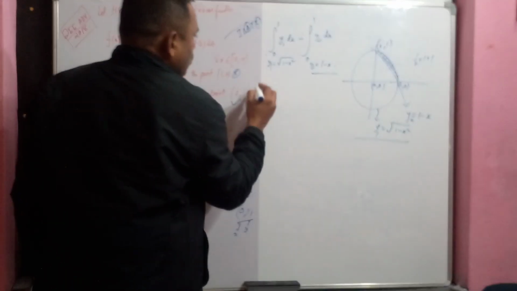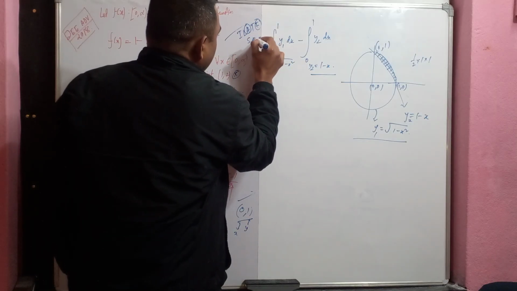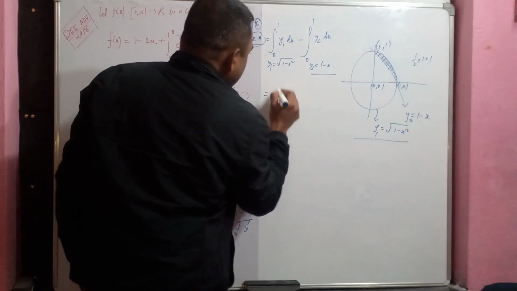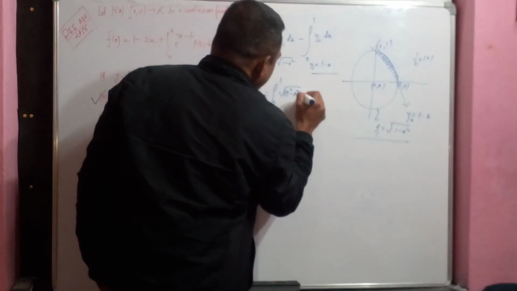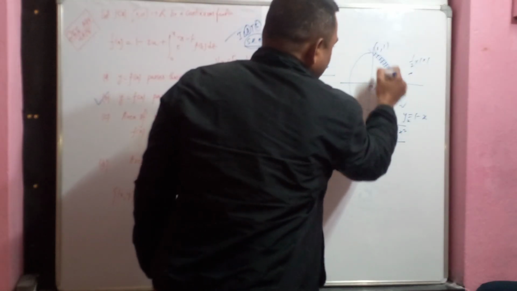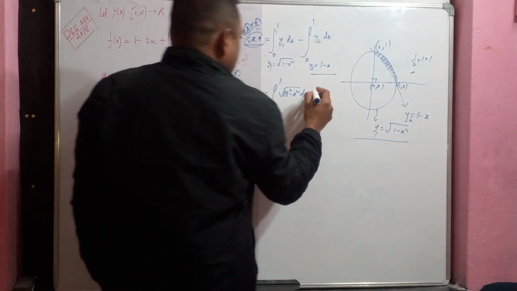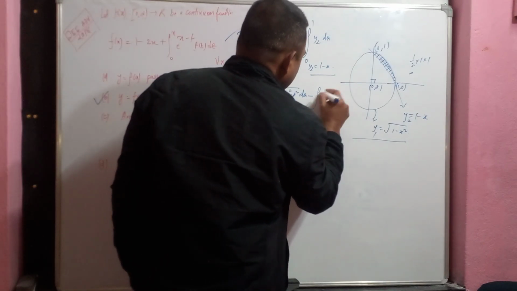Now this is the shaded region area. So integral 0 to 1 of root over 1 square minus x square dx. Understand, directly you can substitute this value also, because this is a right angle triangle, but for easy calculation you can do that also.